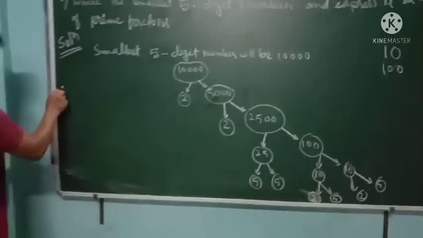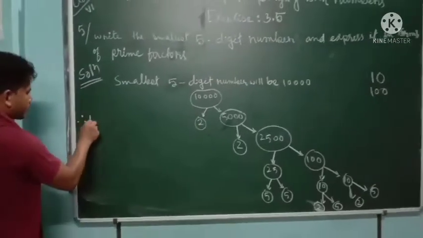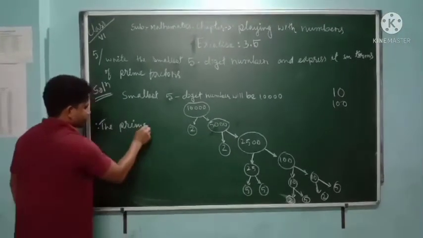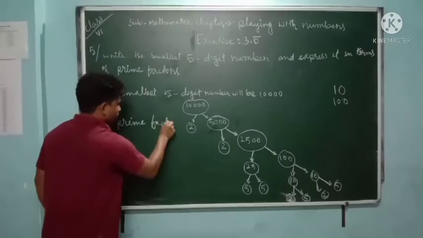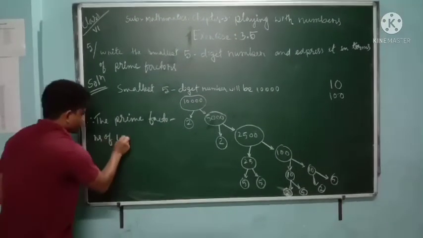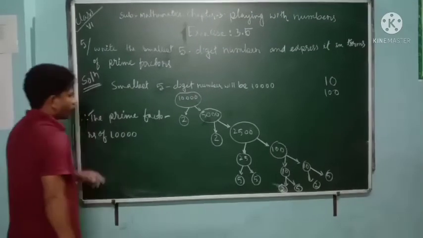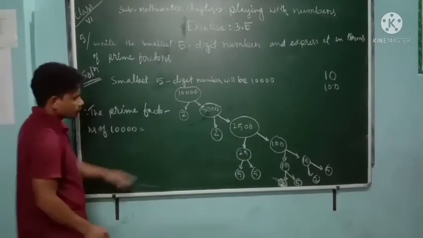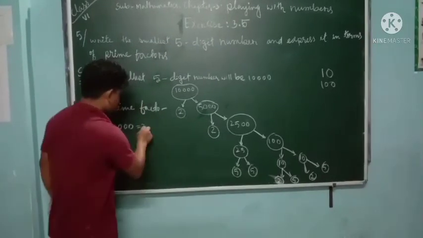So lastly you can write, therefore the prime factors of the 5-digit number is equal to what? 2 into 2, 2 into 2.